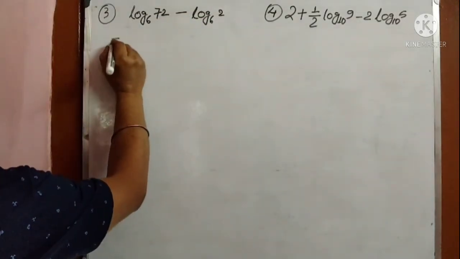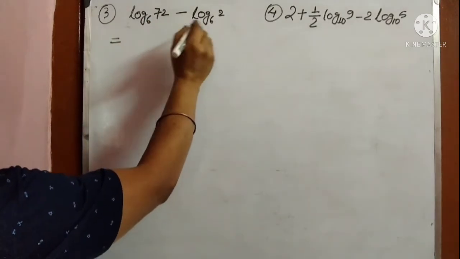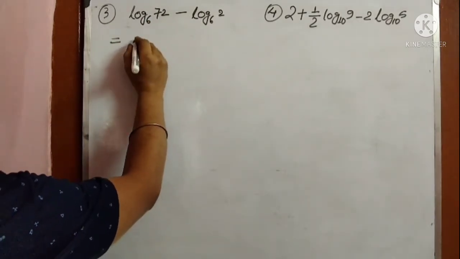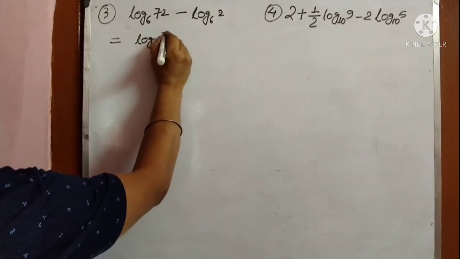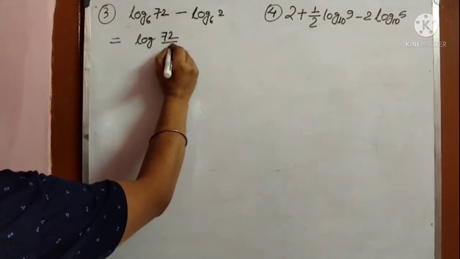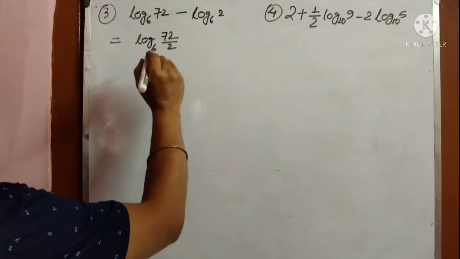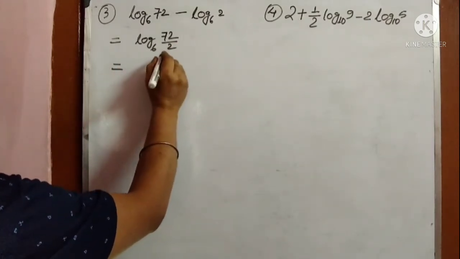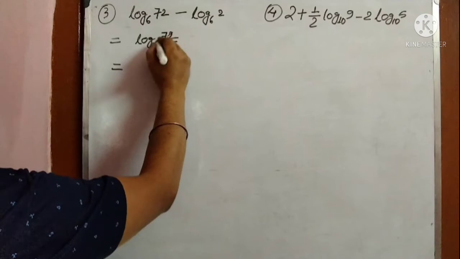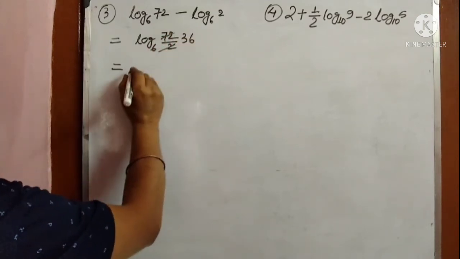Okay. See this one: log 72 to the base 6 minus log 2 to the base 6. So you can write this as 72 by 2 to the base 6 according to your quotient law. Now this you can cancel, so it will be 36.